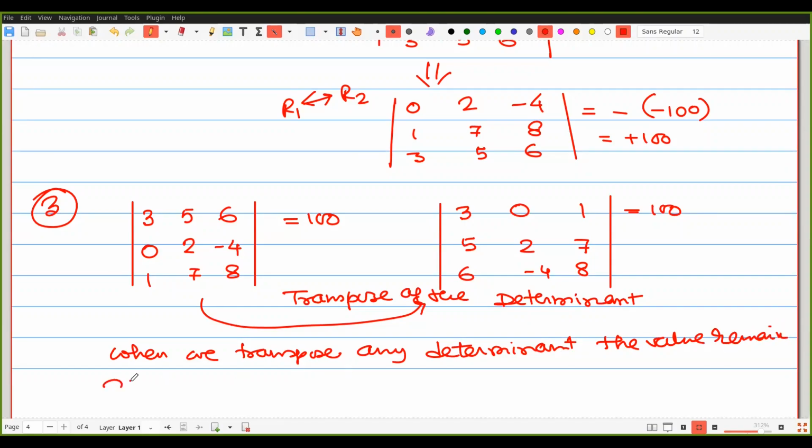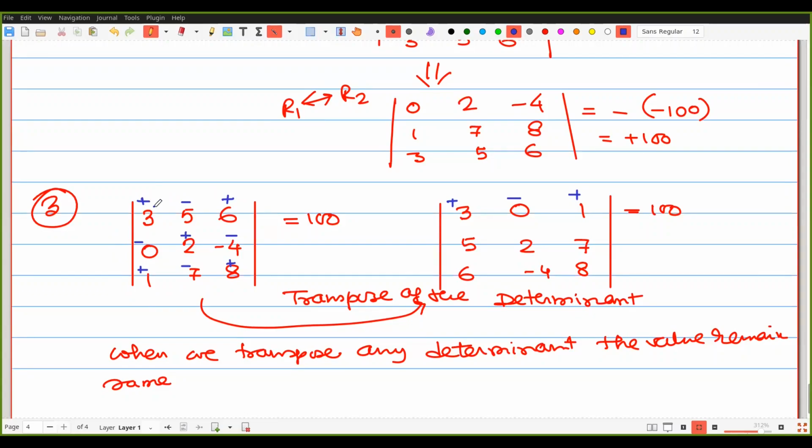Just for your ease, the sign pattern is plus, minus, plus, and so on. Now that is becoming the same plus, minus, plus. So instead of the first row, we can also use the first column.